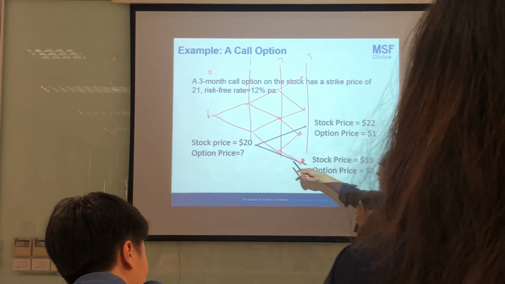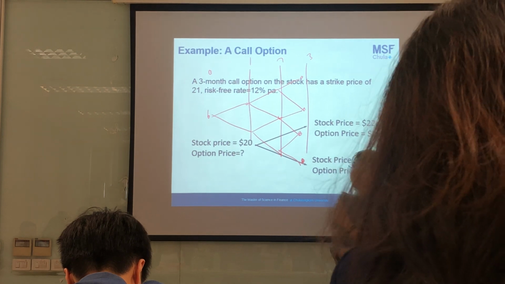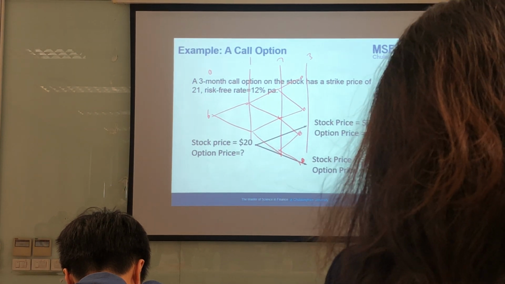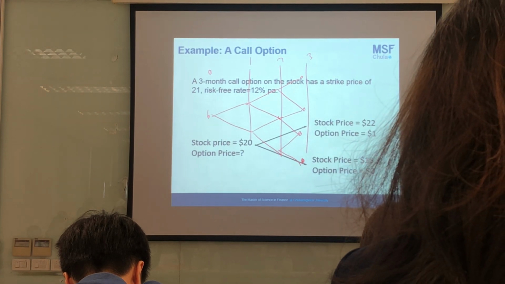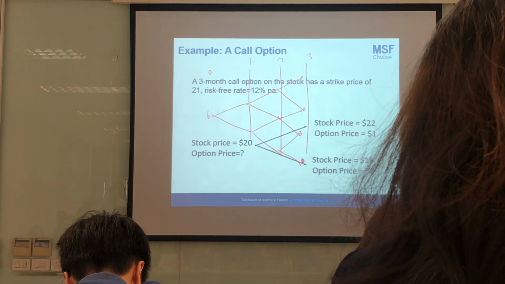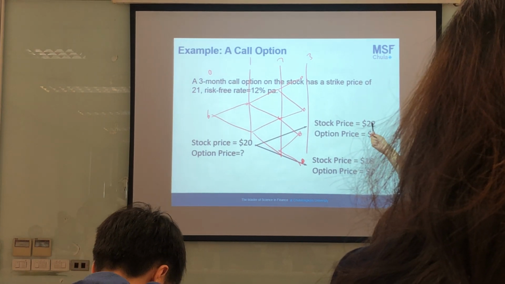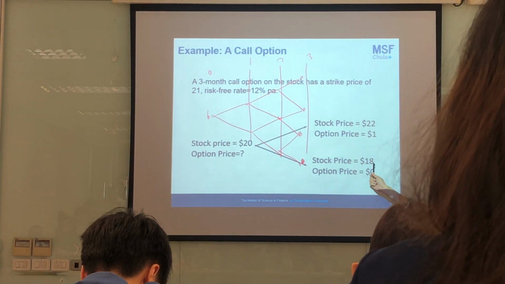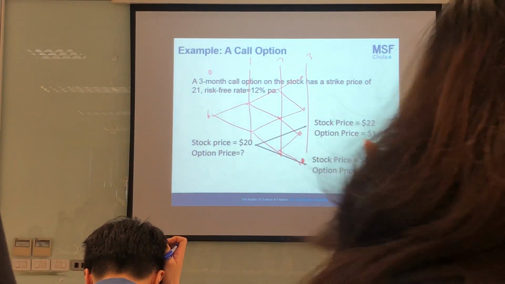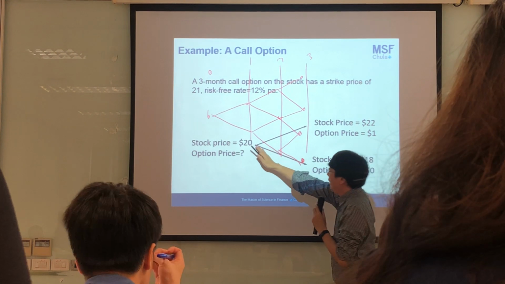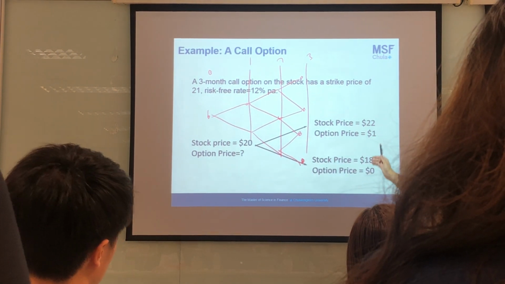Suppose that S0, the current stock price, is equal to 20, and we assume that next period, 3 months, the stock price will either increase to 22 or decrease to 18.